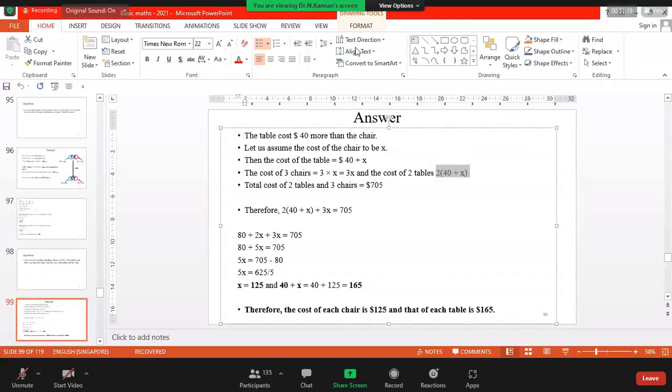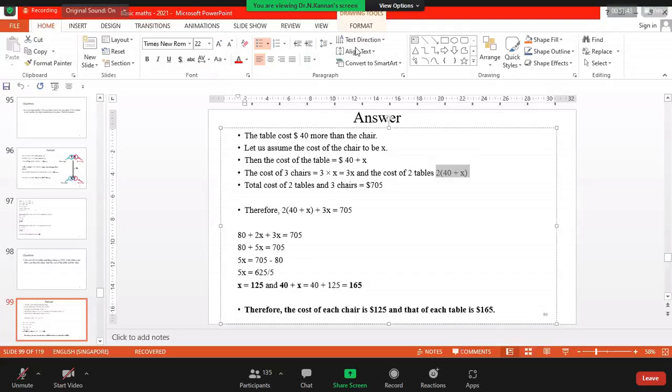So we can build up the equation as there are 2 tables and 3 chairs. So it would be 3x plus 2x plus 80 equals 705. If we simplify that, we will get the value for x. It would be $125.